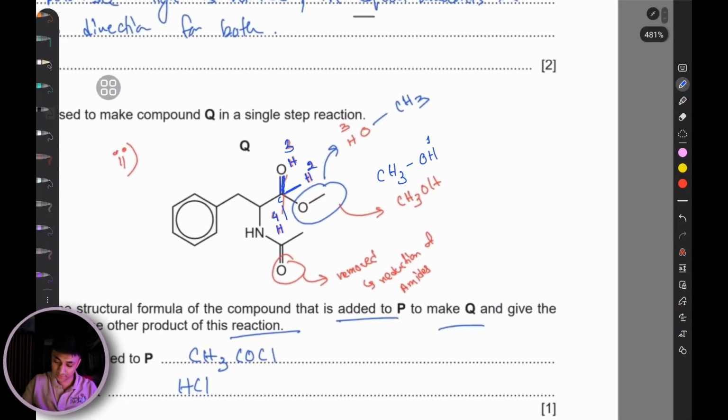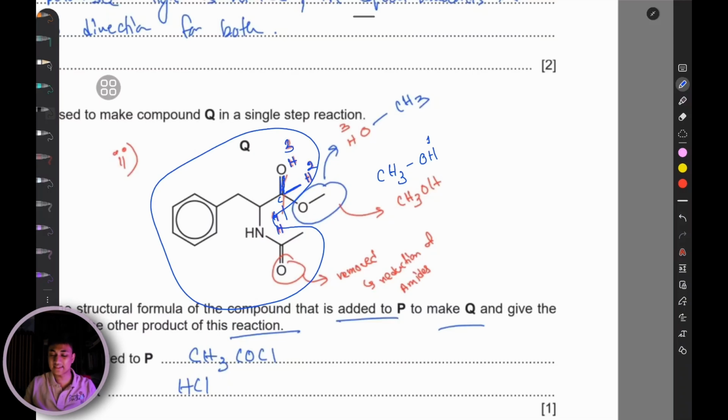So I know this is one of the alcohols produced, that is methanol, and the other one is this entire structure. This entire structure is going to be another alcohol, where this OH, this third hydrogen atom, acts as our alcohol, right? Fair enough.